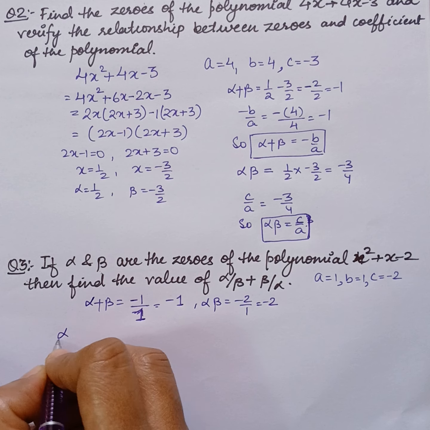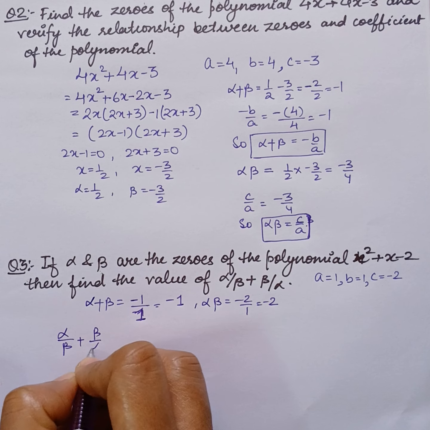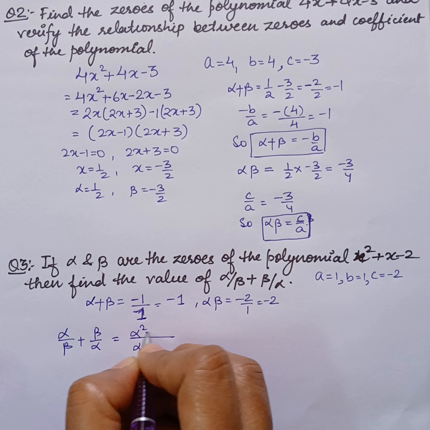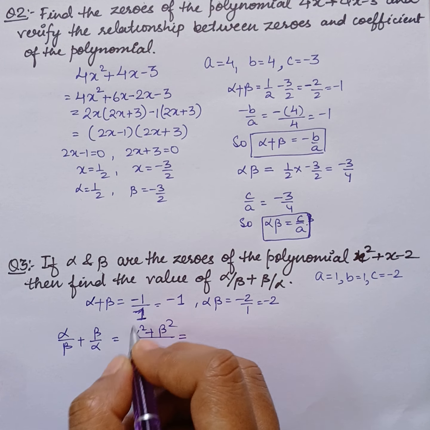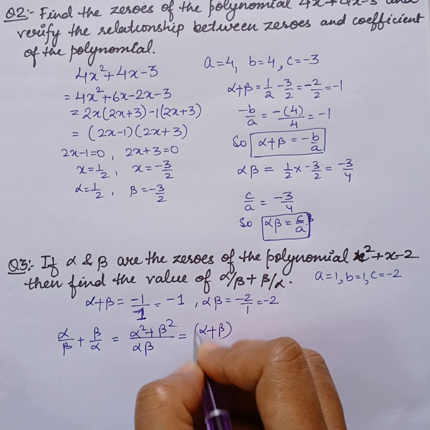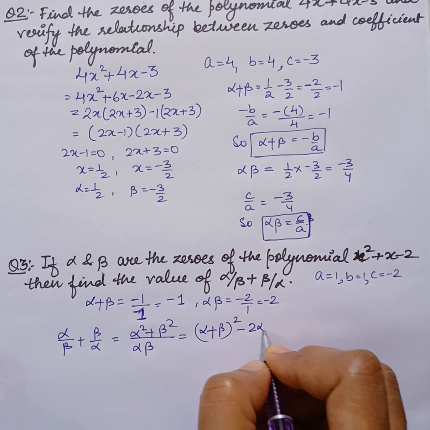Now what do we have to find? We have to find alpha/beta + beta/alpha. When we take the LCM, we will get (alpha² + beta²)/(alpha beta). Now you have to keep in mind that alpha² + beta² can be written as (alpha + beta)² − 2 alpha beta.